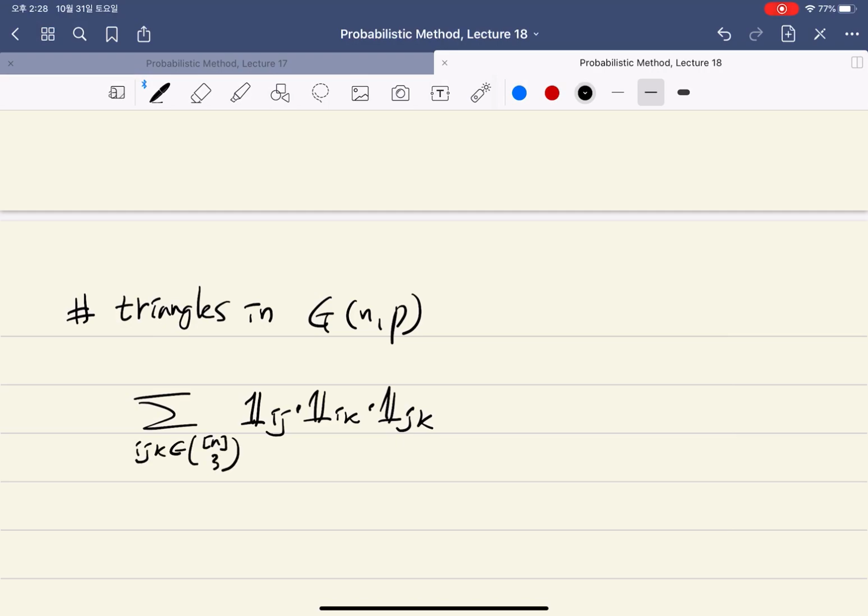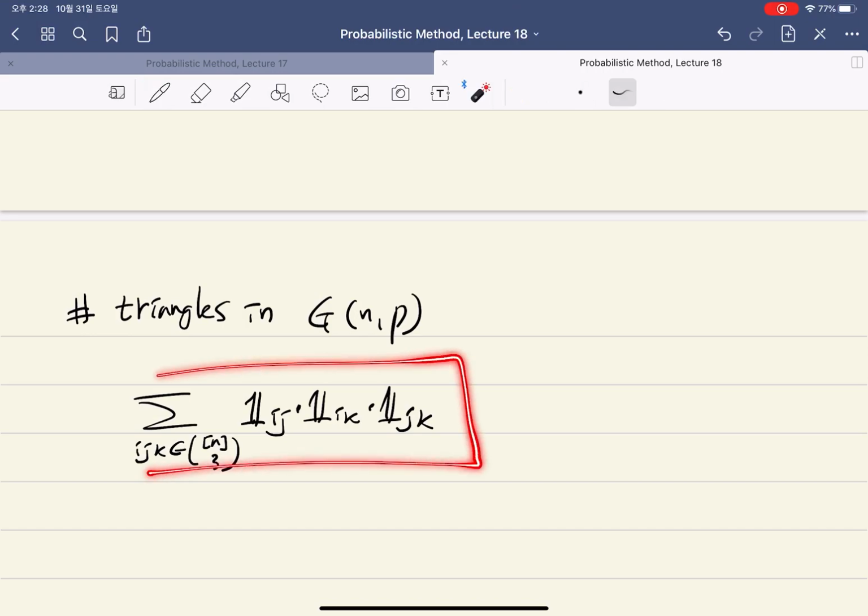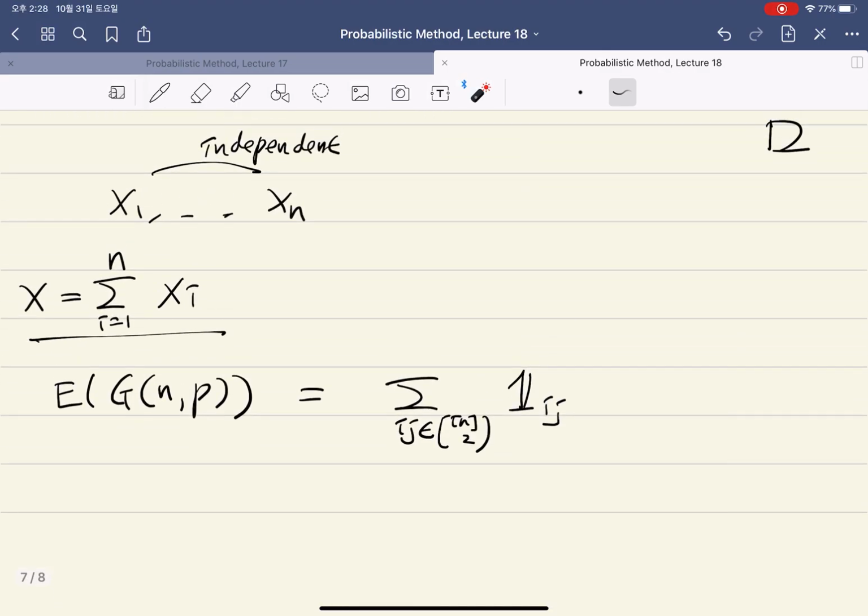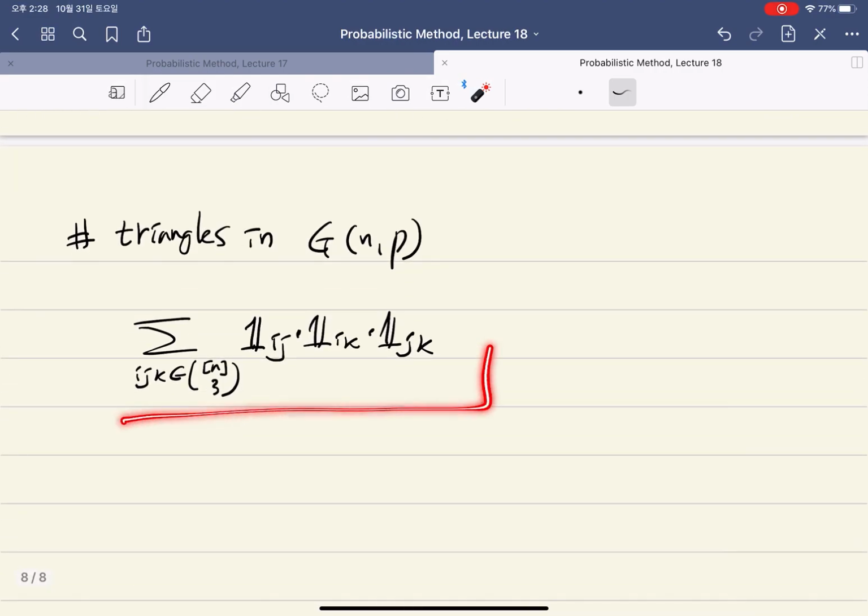So you want to now bound this, you want to estimate this. Before, there were independent random variables and you just add them, then you can use Chernoff. But this is something different.